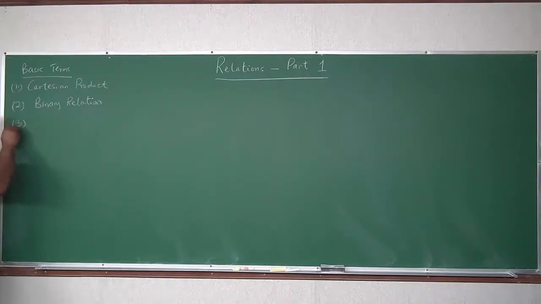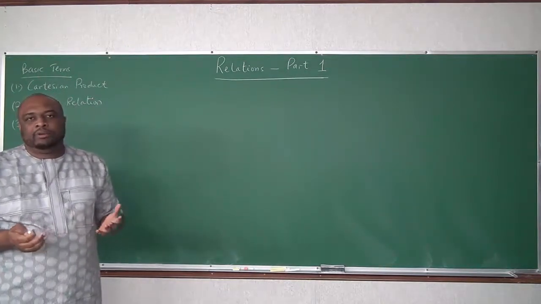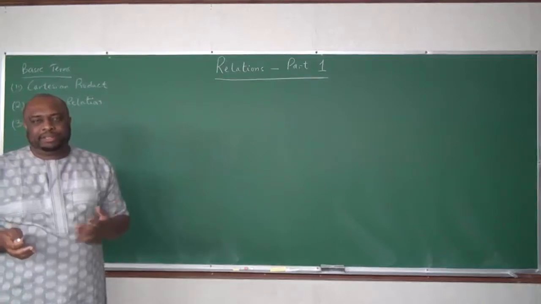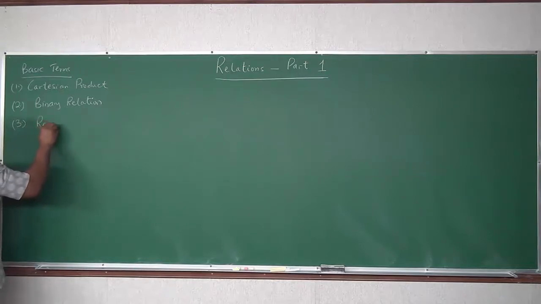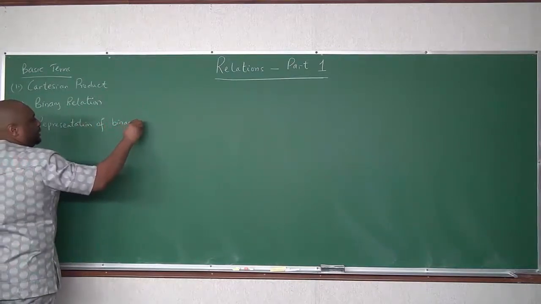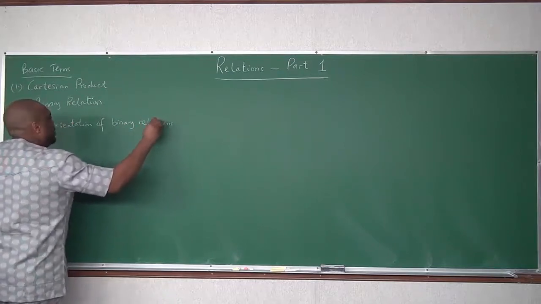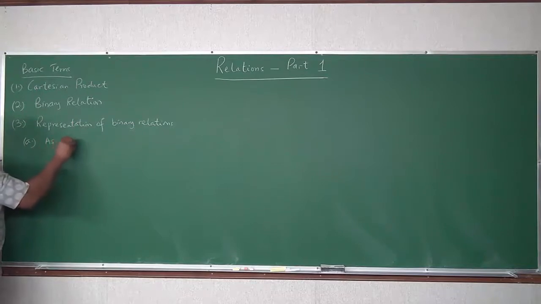Then we shall look at some of the ways we can represent binary relations. Okay, we shall look at the representation of binary relations. And under this we shall look at a matrix representation. Okay, representing it, we shall look at representation as a set.